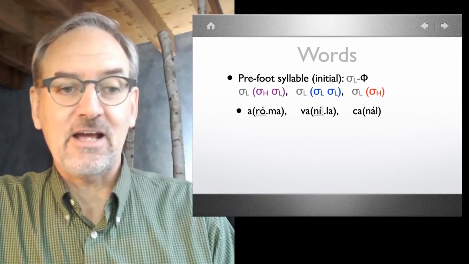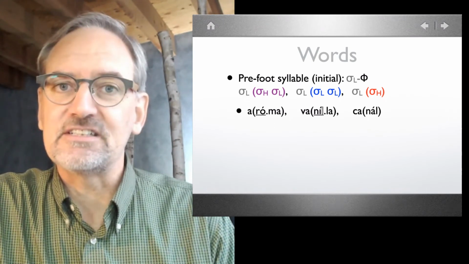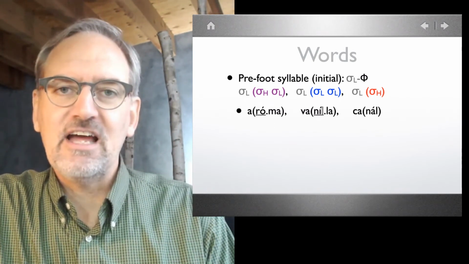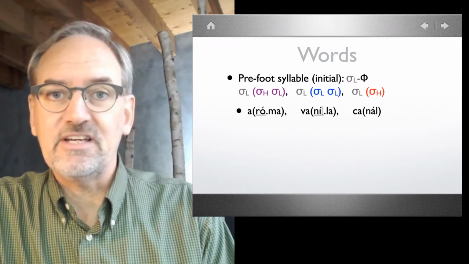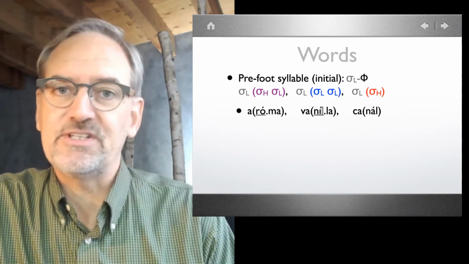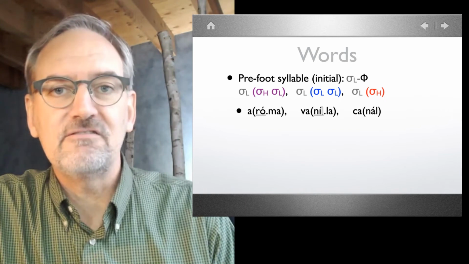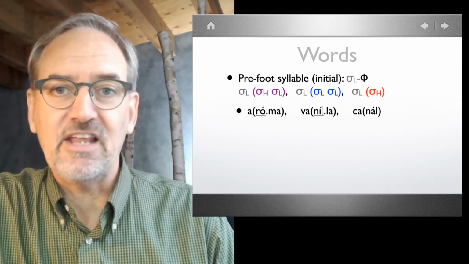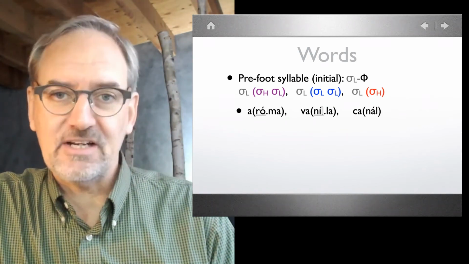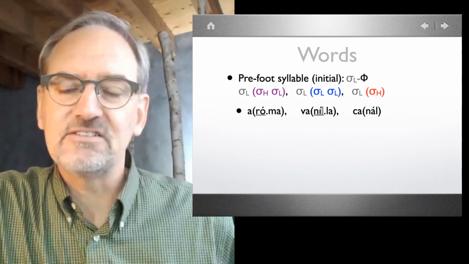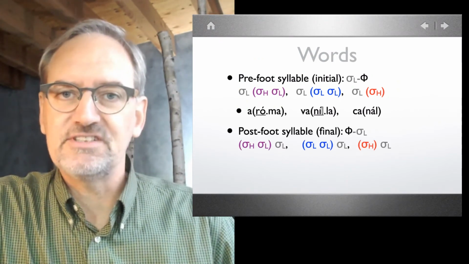Now, in a word like canal, right, this is like today, where the monosyllabic foot has a pre-foot syllable. The pre-foot syllable is not in a foot, so it does not have stress, and it must be unstressed, and will always have vowel reduction, resulting in a schwa pronunciation. The nal, because it's stressed, never has vowel reduction. Now, we can also have a post-foot syllable. Right?